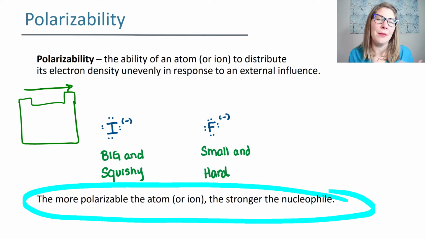So go ahead and maybe look that one up one more time if you need a reminder on why you're seeing the trends for ion or atom size that you are. The key here is the bigger the atom or ion, the more polarizable, which means it's a stronger nucleophile.